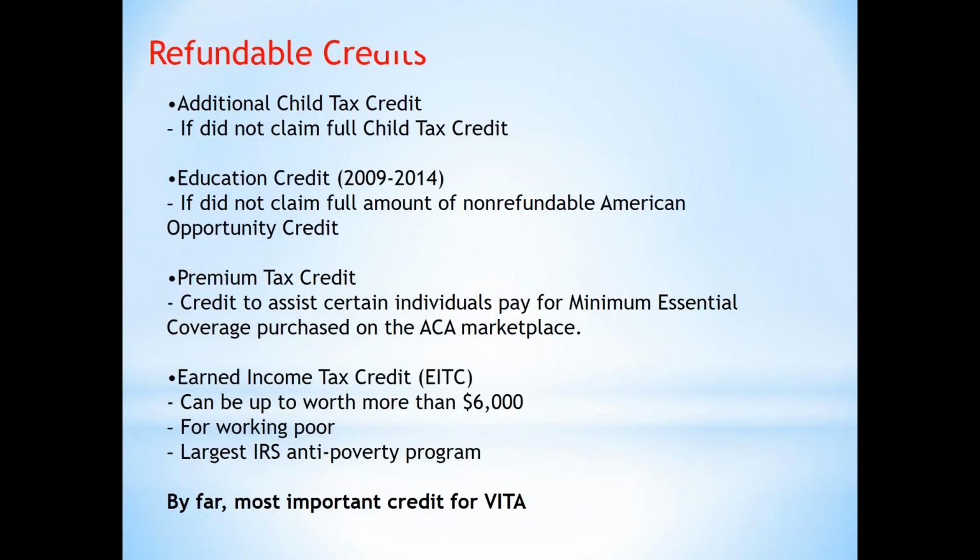So we're going to jump into some of these refundable credits, the better part, and basically the things that are going to, in theory, be really increasing some of the tax returns that we're working with. Just to touch base real quick, there's an additional child tax credit, the refundable portion of the child tax credit. There's also the education credit, which is still currently a refundable portion.